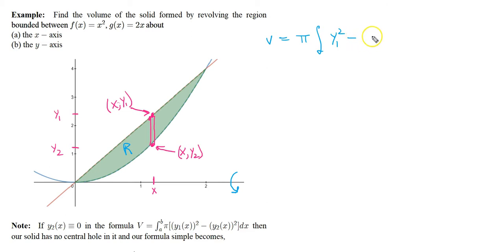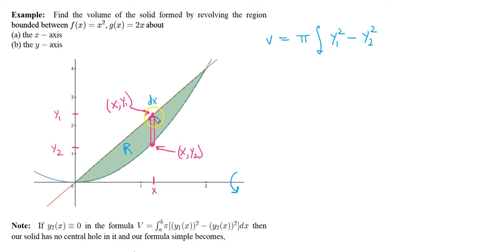And then minus the inner radius squared, and that's this distance from here to here, and that's being measured along the y-axis, and that is y2. And then the thickness of this washer is, we'll call it dx, a small thickness to this washer right here.